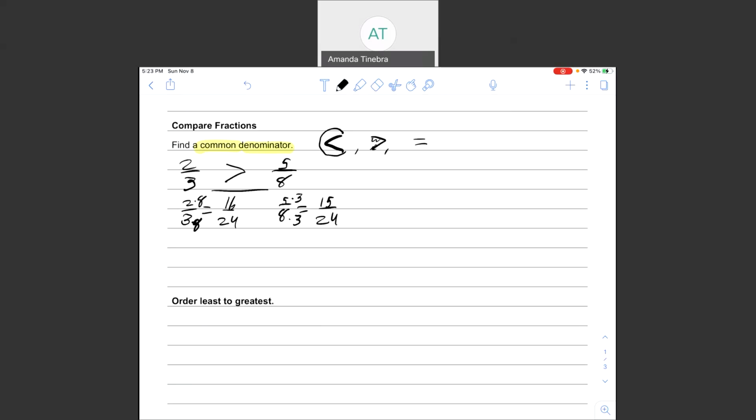Now we can also do this with, say, not so pretty numbers. So let's say we had 16/5 and we had 3 1/3, and we wanted to compare them. Well, 16/5, that's an improper fraction, while 3 1/3 is a mixed number.